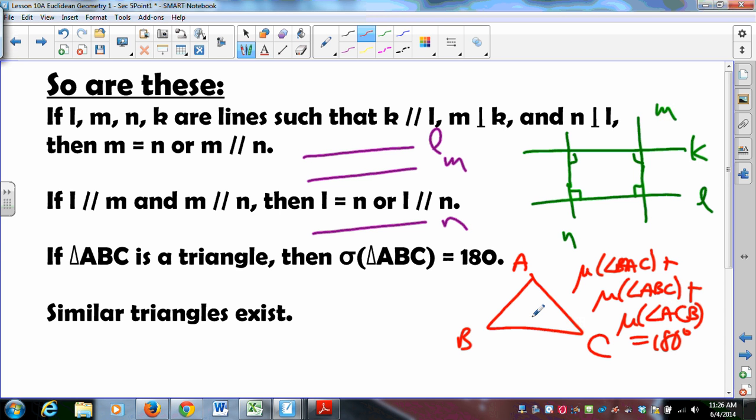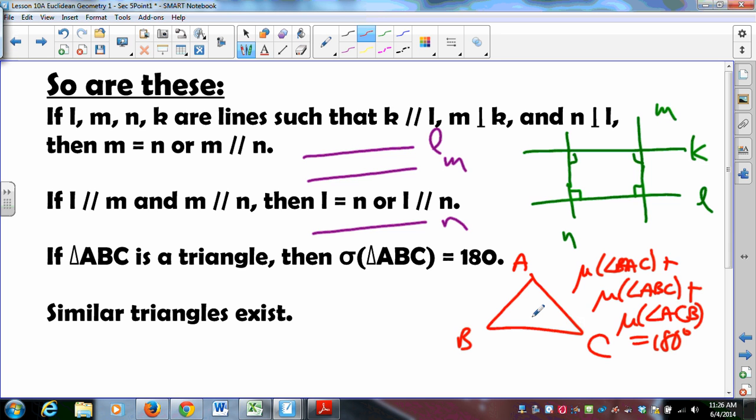Heck, the fact that similar triangles exist tells me that I'm in the Euclidean plane. If I can draw similar triangles, then I have Euclidean geometry.